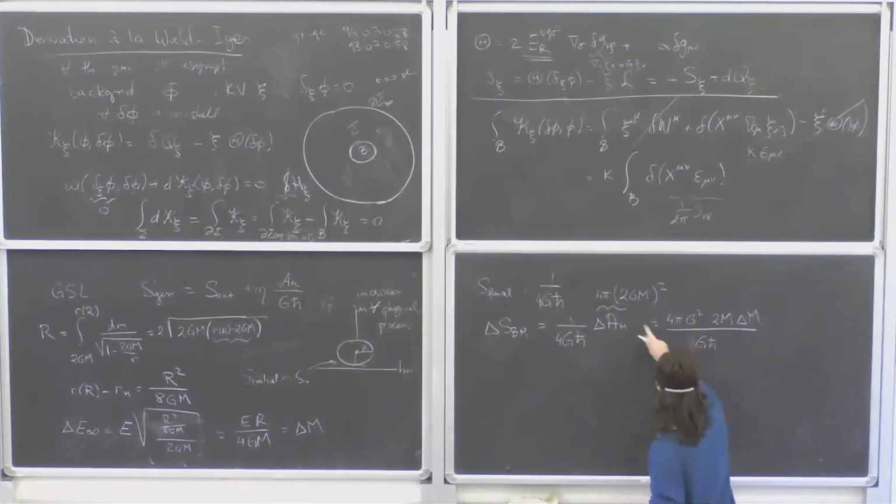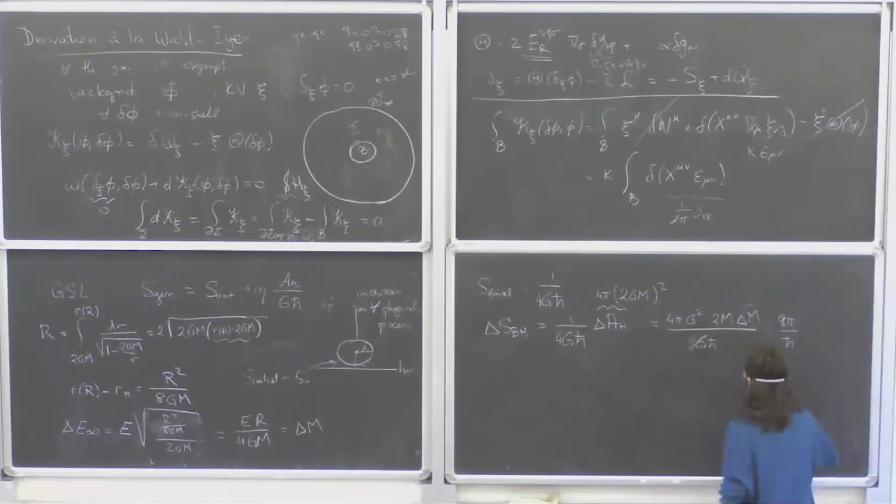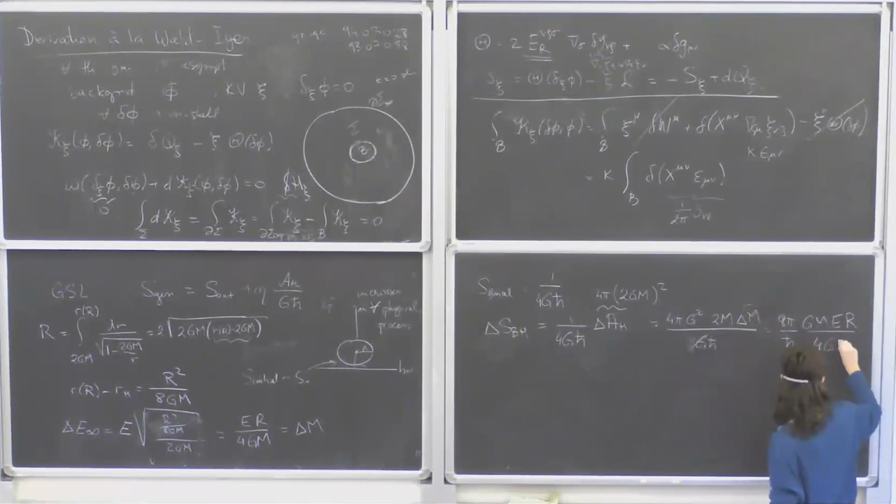No, without the 4, because I already got rid of this. And now I want to use this delta M, so this is 8 pi. I'm really not sure about my factors. 8 pi over ħ times GM times delta M, which is Er over 4GM.